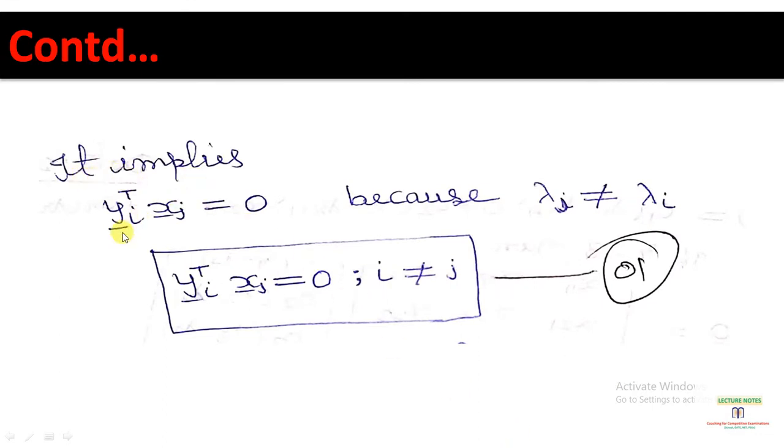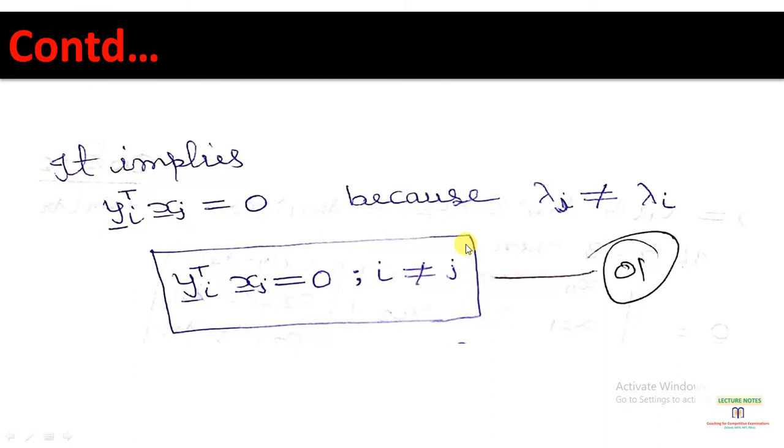So it implies yi transpose, column vector, times xj column vector equals 0, or a multiplication of the transpose of yi column vector into xj column vector equals 0.